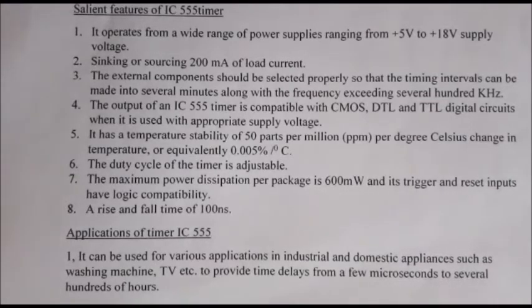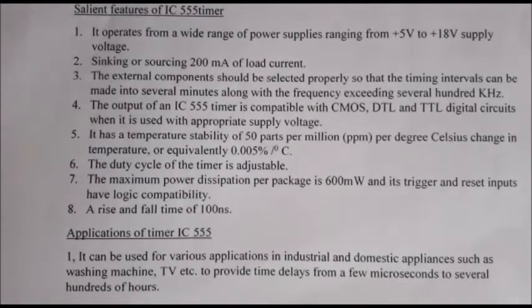Four, the output of an IC timer is compatible with CMOS, DTL and TTL digital circuits, about which I have told you earlier, when it is used with appropriate supply voltage.